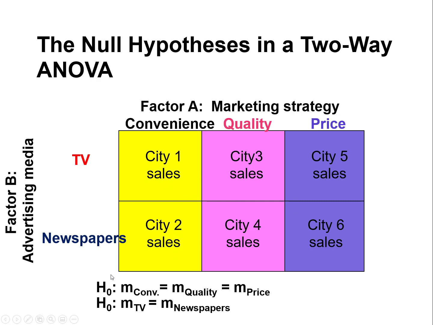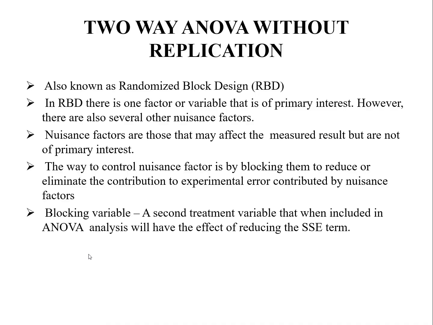Similarly, the alternative hypothesis will be that the means for convenience, quality and price are not all equal. Similarly, for the advertising media, the null hypothesis will be that the mean of the TV advertisement and the mean of the newspaper advertisement are the same. And the alternative will be that the TV advertisement mean and newspaper mean are not the same. This is the way you will interpret the null and alternative hypotheses.